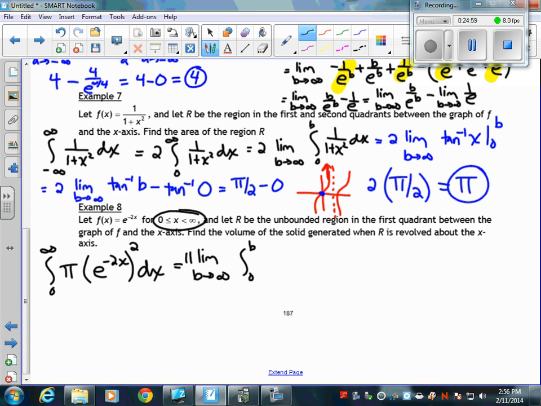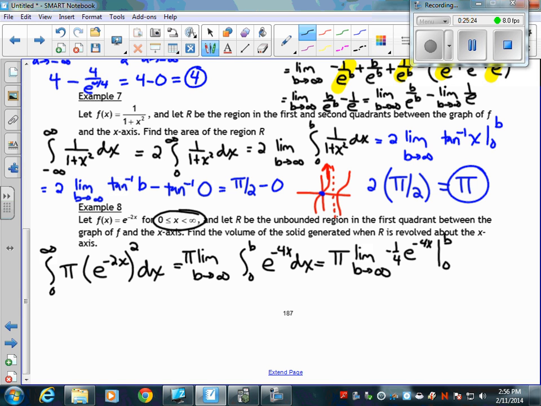I'm going to pull the pi all the way out, sorry, in front of my limit. I now have e to the negative 2x squared, e to the negative 4x. And then I'm going to take the antiderivative, e to the negative 4x times negative 1 over 4.